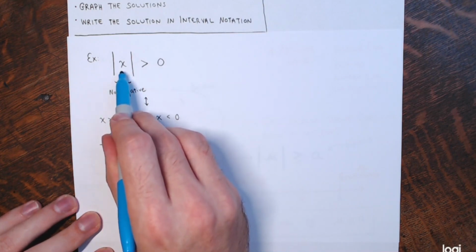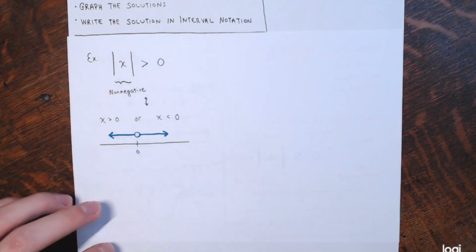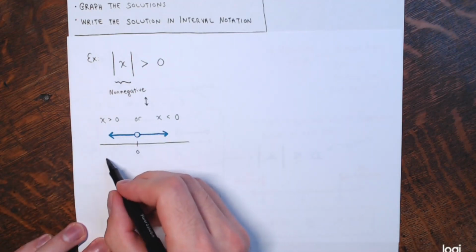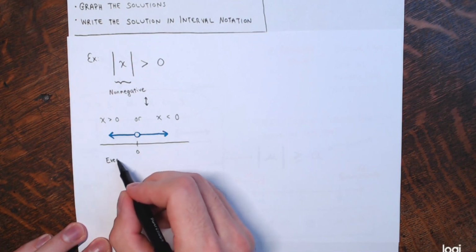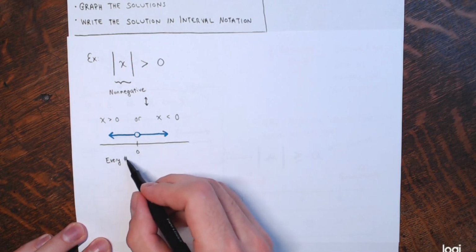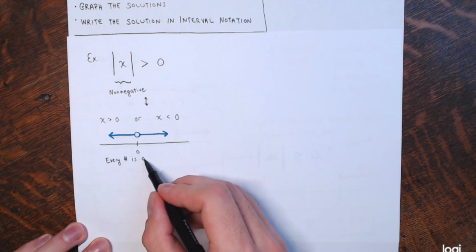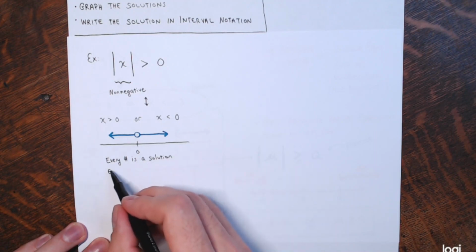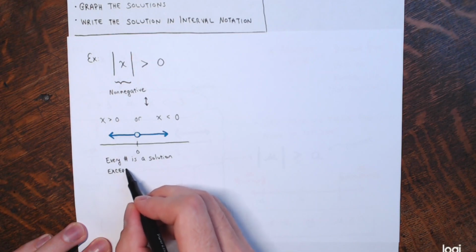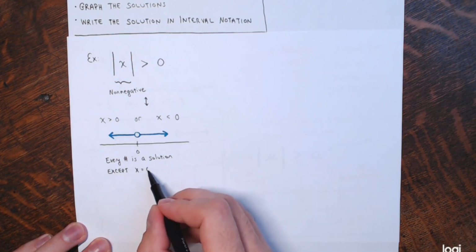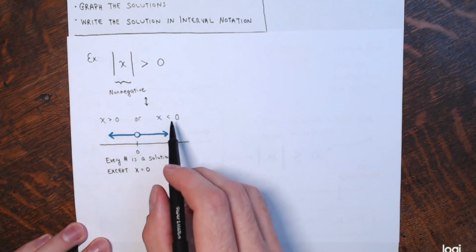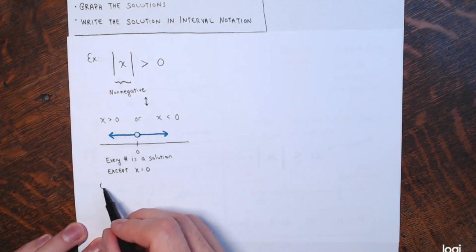Right? 0 is not greater than 0. 0 is equal to 0. So every number is a solution except x equals 0.